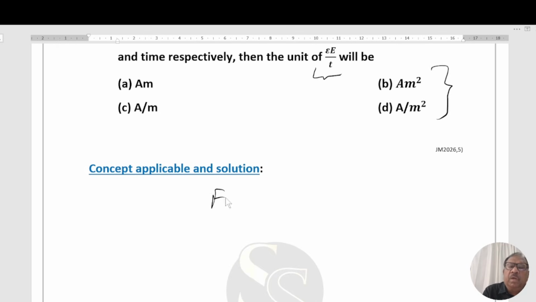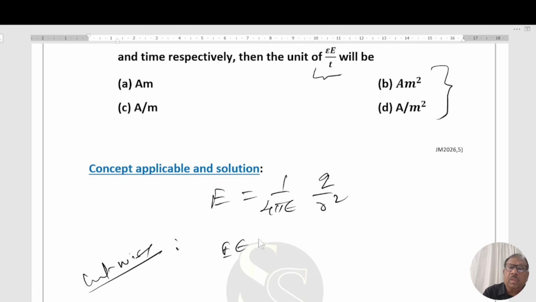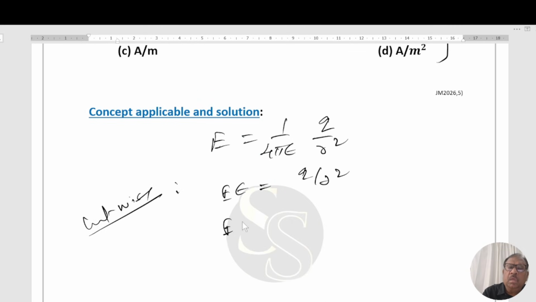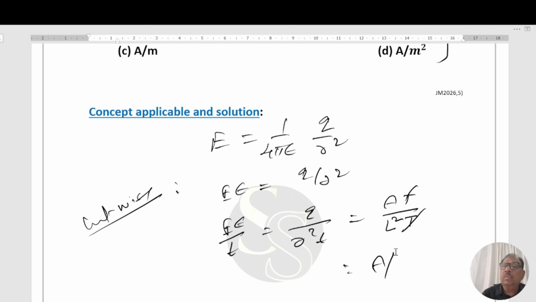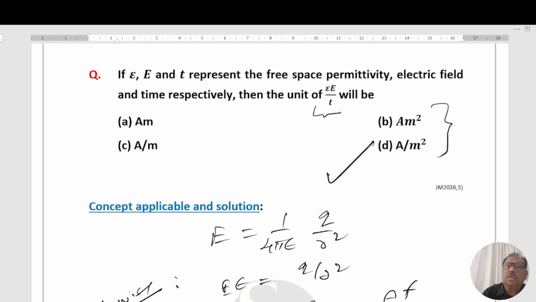Electric field E equals 1 over 4 pi epsilon into Q upon R square, so epsilon E equals Q upon R square. Then epsilon E upon T equals Q upon R square into T. Q is ampere into time, so time cancels, and the unit is ampere upon meter square. That is the answer. D is the correct answer.